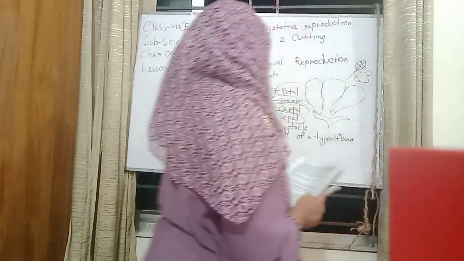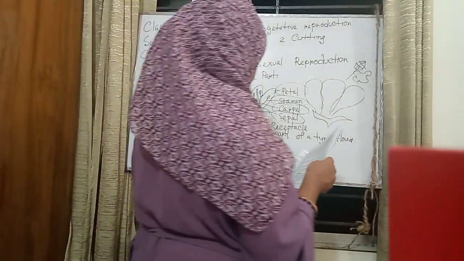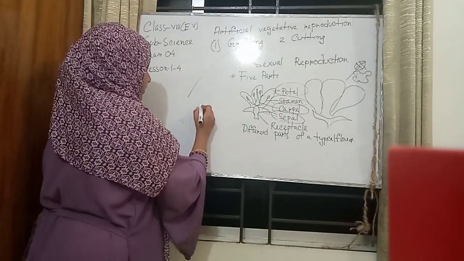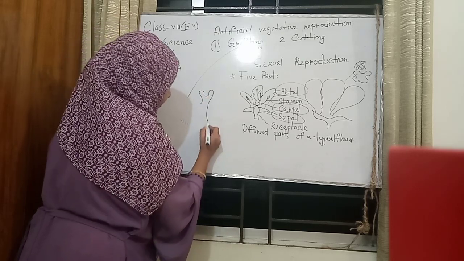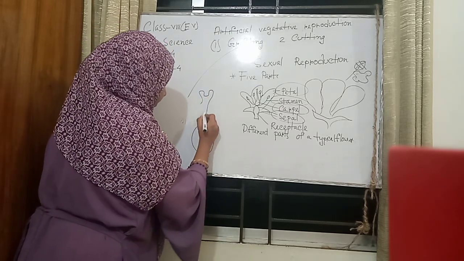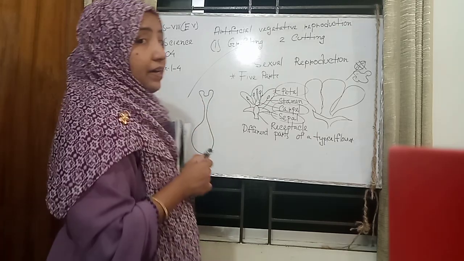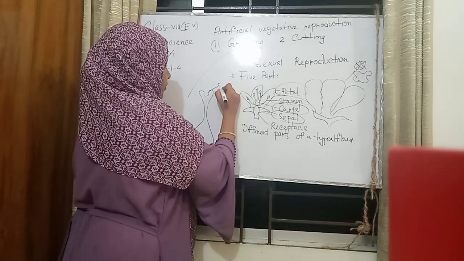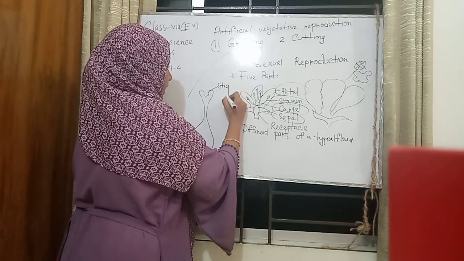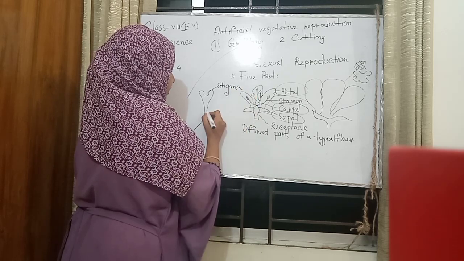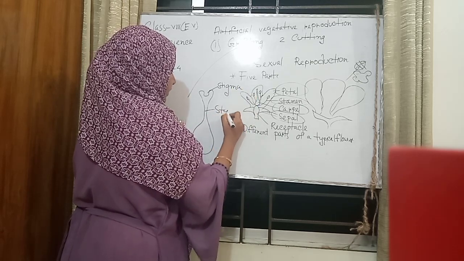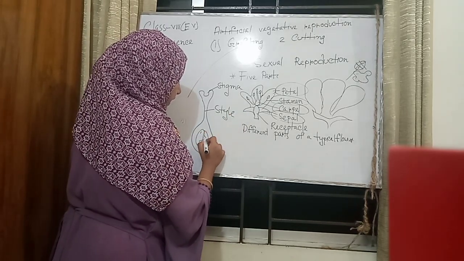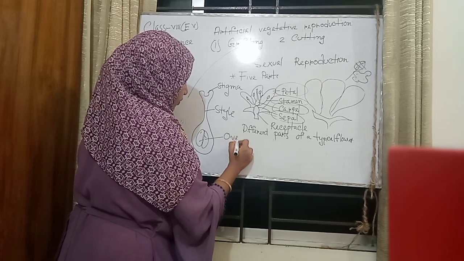Now, the next structure is the carpels. What is the meaning of the carpels? Here, my dear students, I have drawn this structure, the gynoecium. The other name is the carpel. This structure is the stigma, this structure is the style, and this is the ovary.